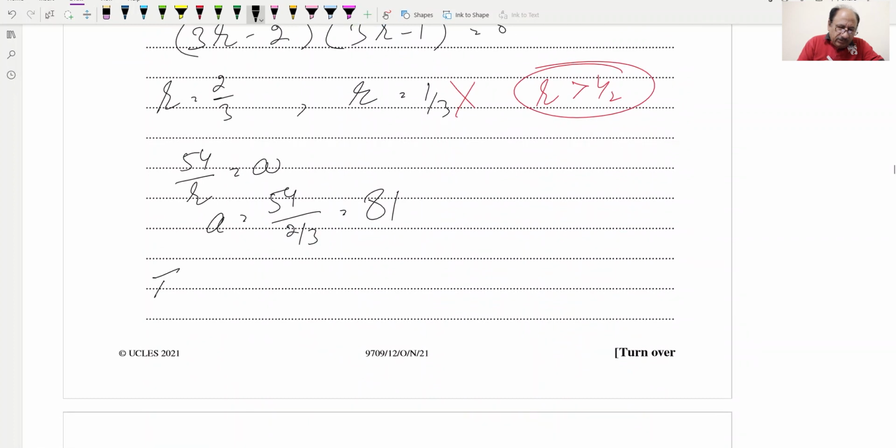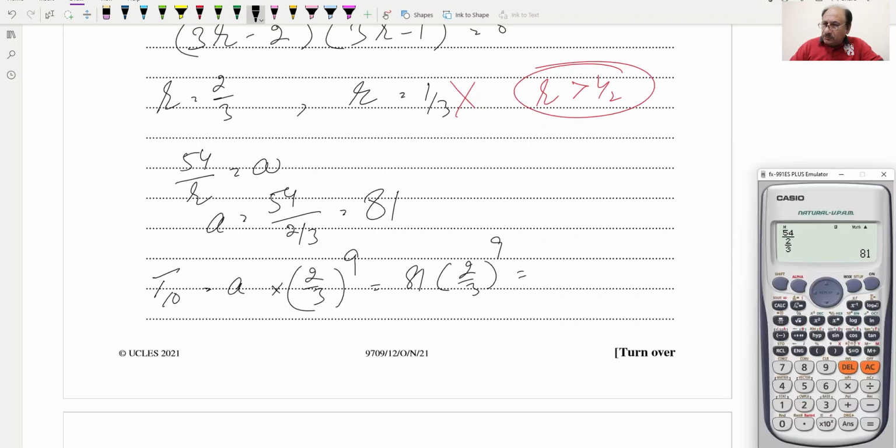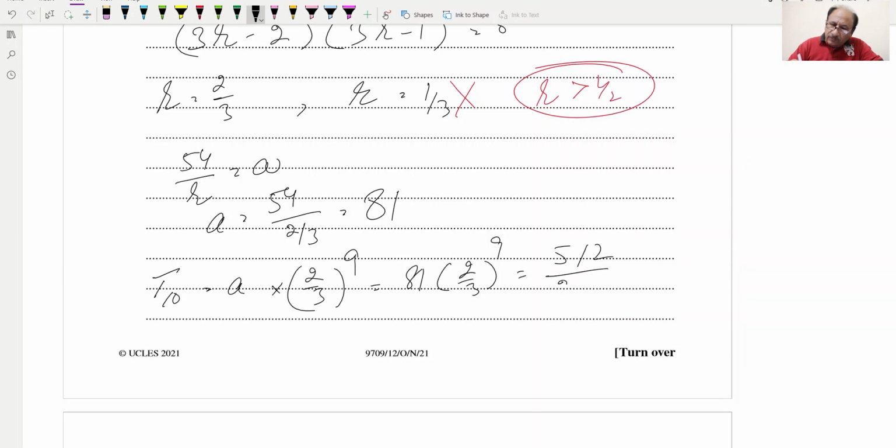So T10 will be equal to A into R raised to the power 9, AR to the power 9, and this will be equal to 81 into 2 by 3 raised to the power 9. 81 is already there, so multiply by 2 over 3 raised to the power 9, which is equal to 512 over 243, and this will be our final answer for this question.